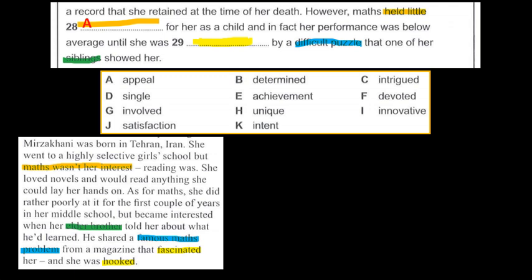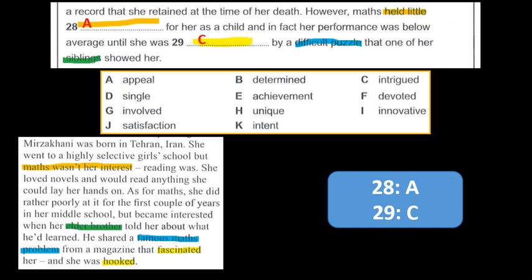So she was fascinated, she was hooked by the puzzle. So which word means a similar thing? C, intrigued. That means you're really interested in something. It's really got your attention. So 28A, 29C.